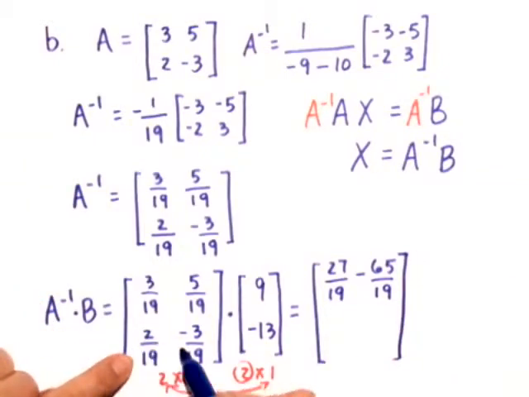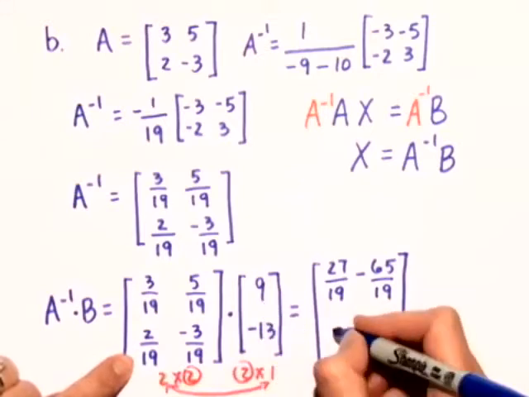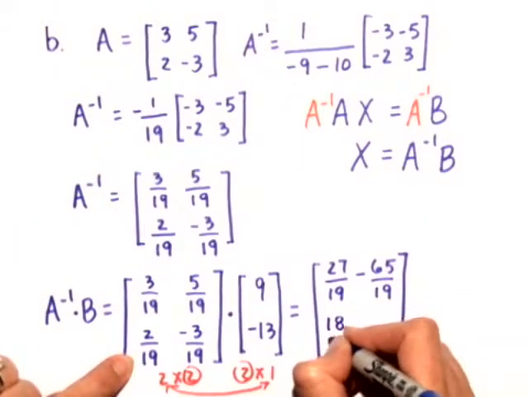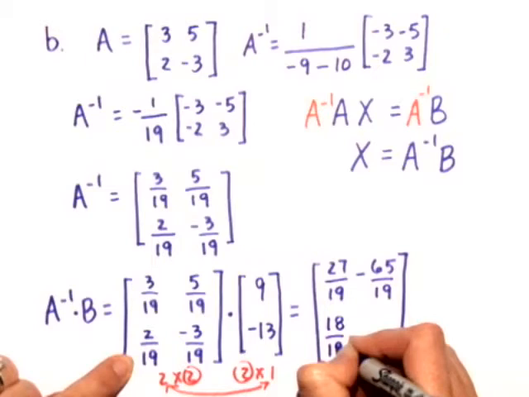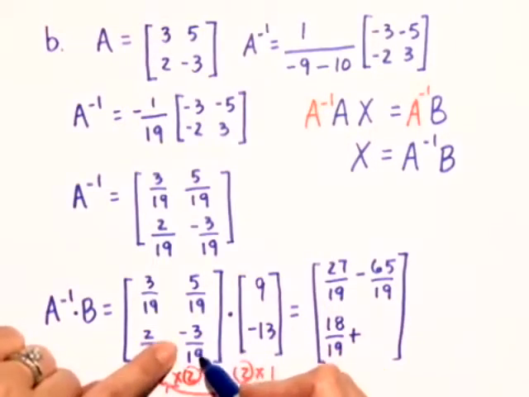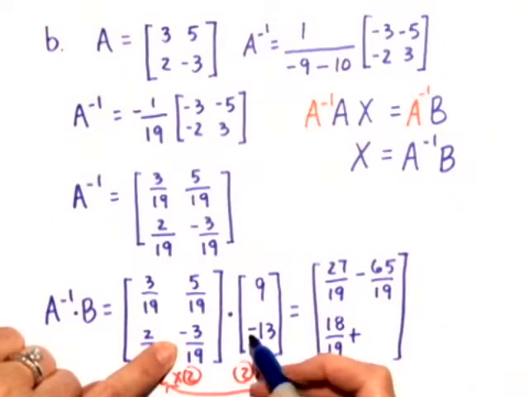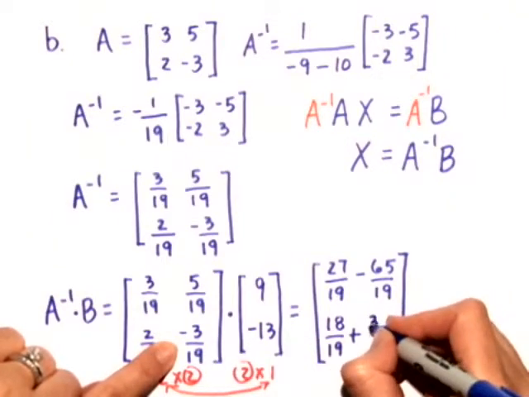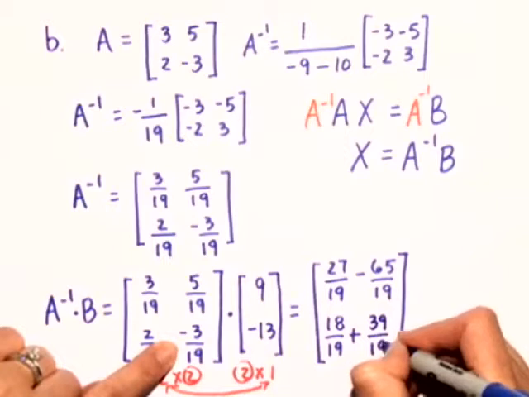When we multiply row 2 times column 1, we have 2 over 19 times 9. That's just 18 over 19. Plus, we have negative 3 over 19 times negative 13. That gives us 39 over 19.